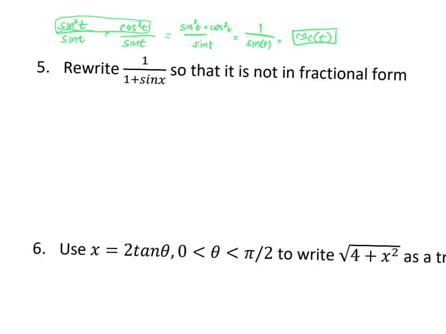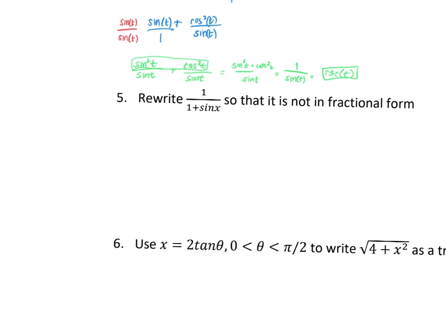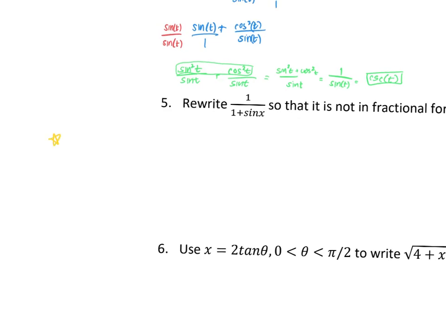Okay, our next problem says rewrite 1 over 1 plus sine t so that it is not in fractional form. And we're going to add a new strategy to our bank today, and that is when we're trying to get something out of a fractional form, we can use conjugates. If you remember from, I think it was first semester, a conjugate of a plus bi would be a minus bi.